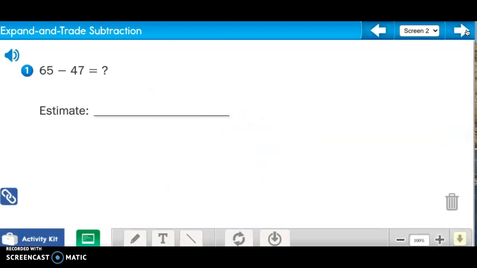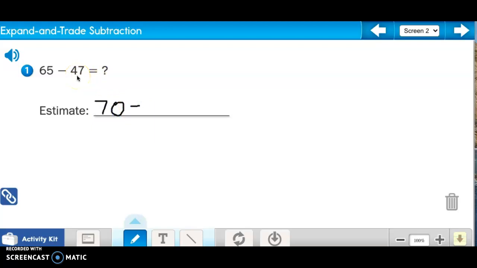Okay, so now we're going to go do the others together. I'm going to the next slide, and as you can see, it's 65 minus 47. So we think about this, 65, is it closer to 60 or 70? It's actually right in the middle. So whenever a number is right in the middle, you bump it up. So the estimate is 70, minus, and then you think of 47.